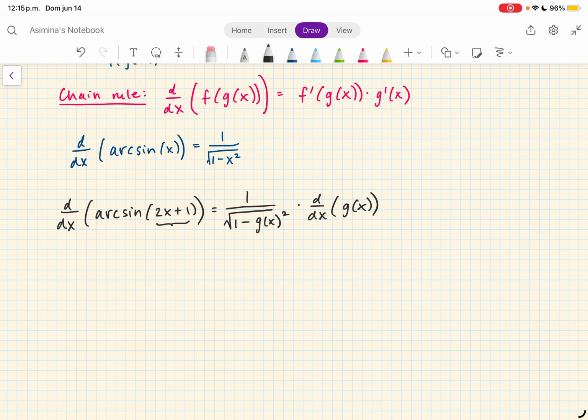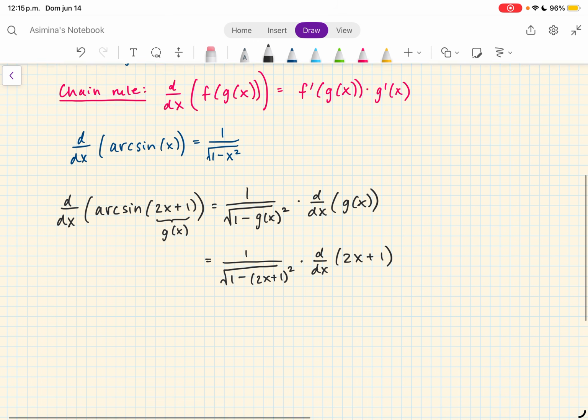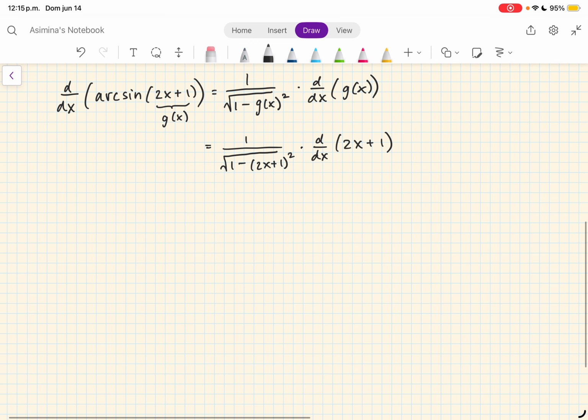So now I can do my substitution where g of x equals 2x plus 1. So this is 1 over the square root of 1 minus 2x plus 1 squared times the derivative of 2x plus 1.